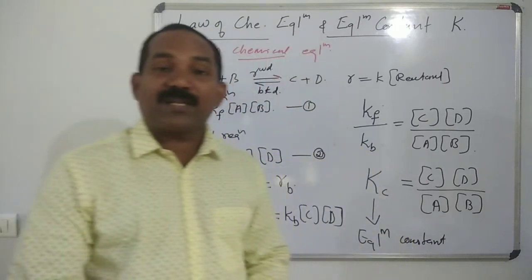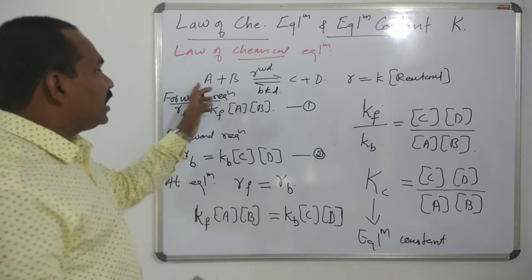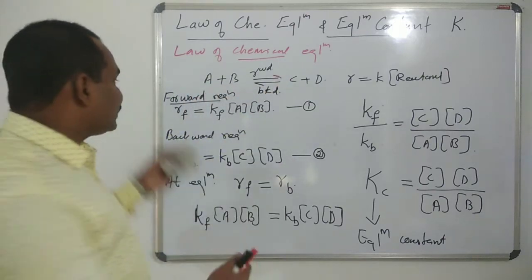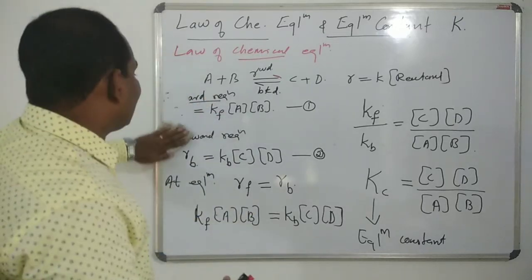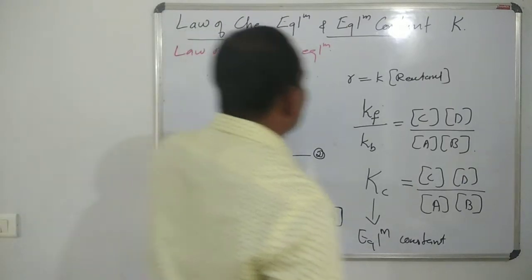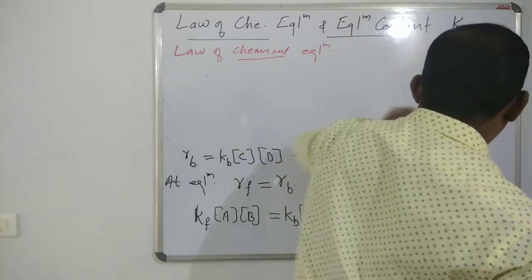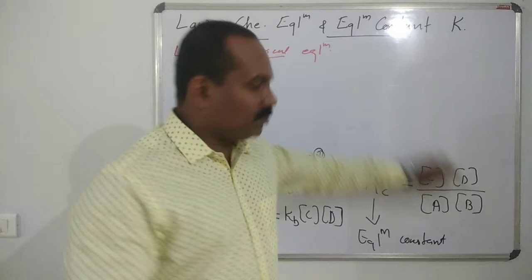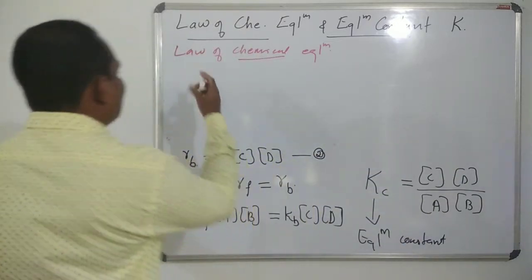Now we consider another general reaction. Here the general reaction is A plus B gives C plus D. Very simple, you go through it. In this reaction, a moles of A combines with b moles of B gives c moles of C and d moles of D. What is the Kc?